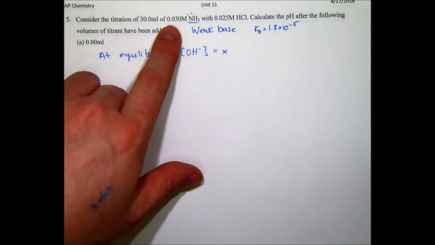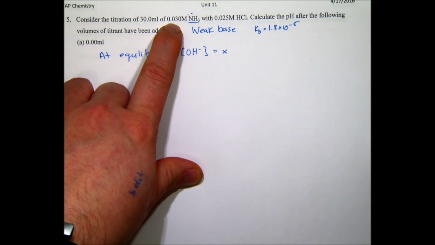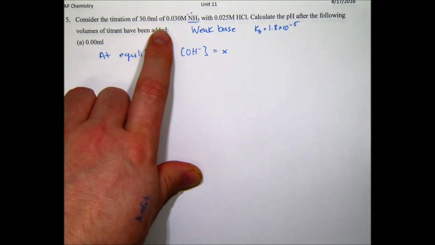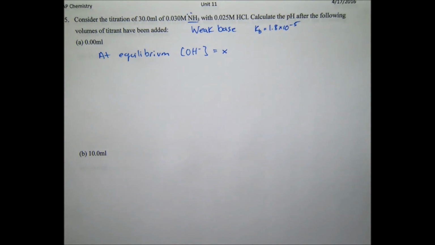I'm also going to assume that the initial concentration of NH3, 0.030, is not going to change appreciably due to the loss of X, so I'm going to ignore X. 0.03 divided by 1.8 times 10 to the negative 5 isn't a super big number, but it's enough for me to make that assumption and make my work a little bit easier.